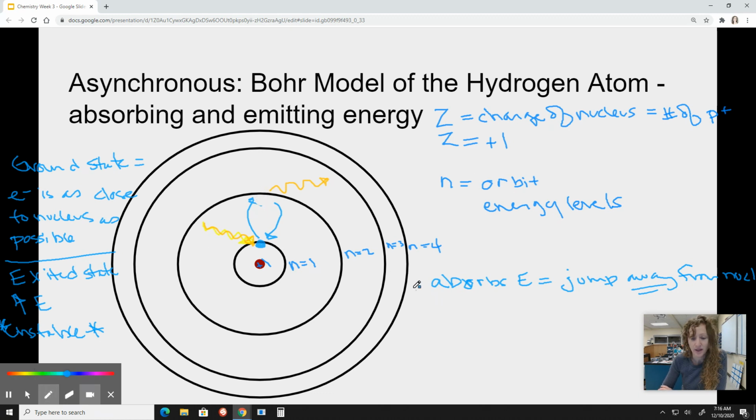Okay, so again, our takeaway here is when the electron releases energy, it's going to fall closer or fall towards the nucleus.